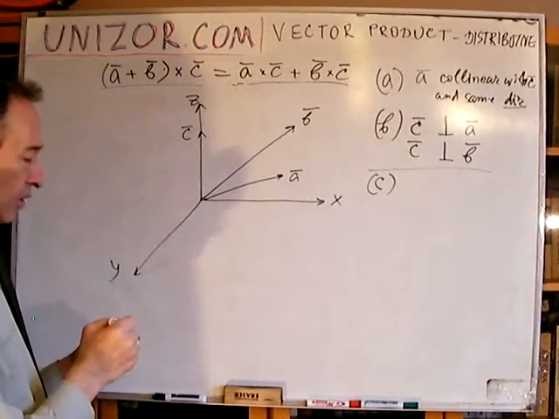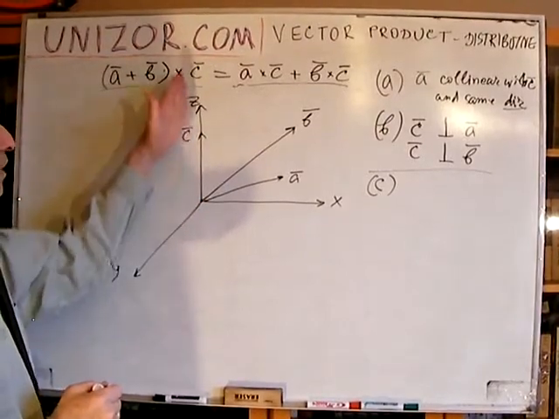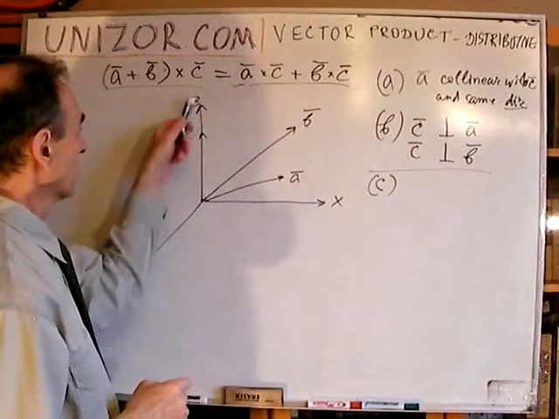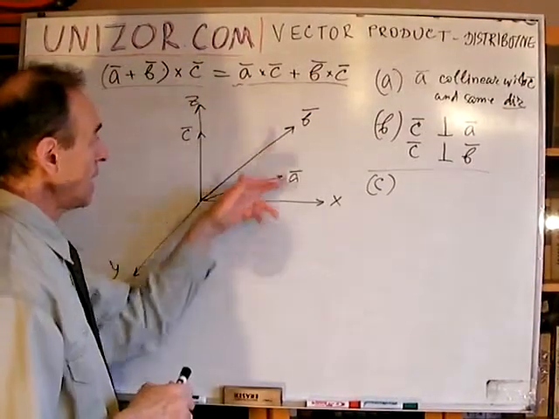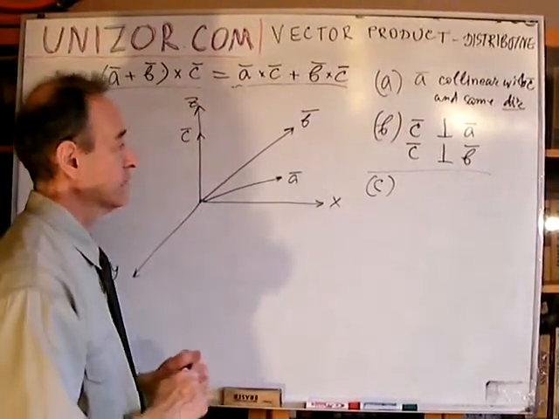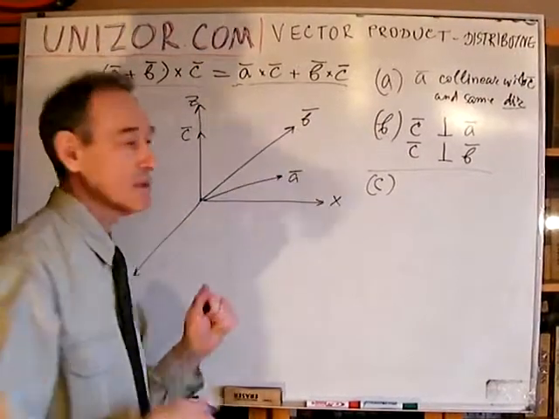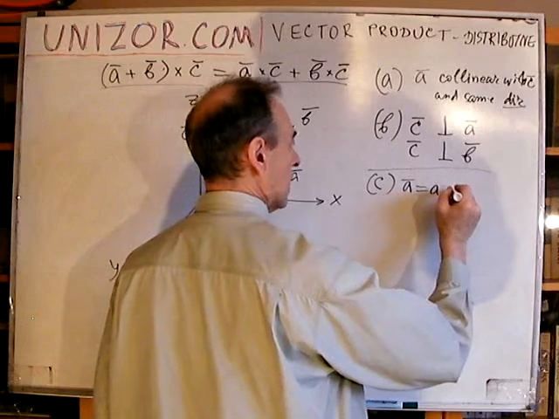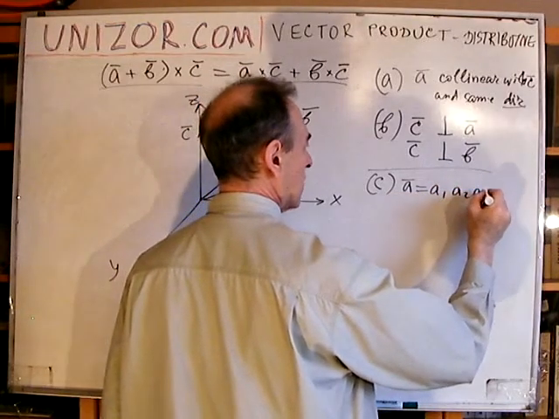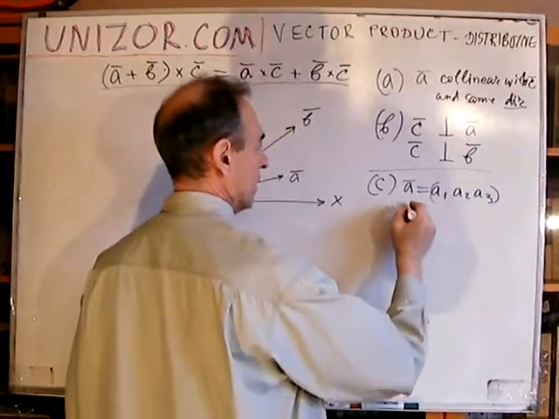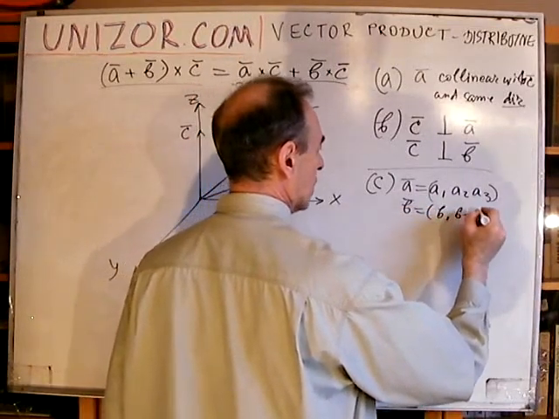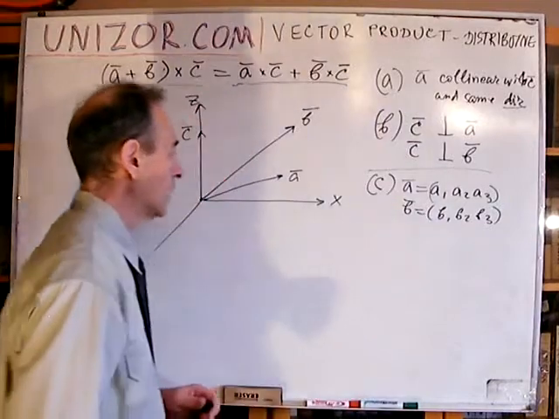So we are talking about case C, the general case. So first of all, I choose this coordinate system where the z-axis actually goes along the c vector, and A and B are somewhere in the space. Now, in this coordinate system, I can represent vector A as A1, A2, A3 triplet, and vector B as B1, B2, and B3 triplet, right?